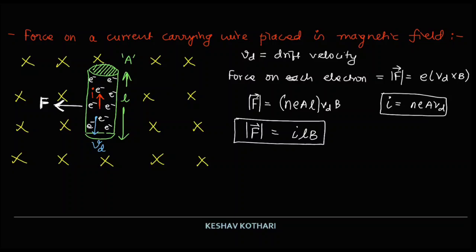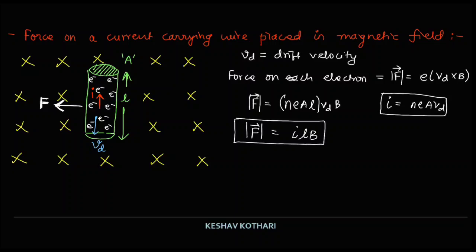I am repeating the concepts back again. A current carrying wire is placed in a magnetic field B, and if the current is in the upward direction, the electrons are drifting in the downward direction. The force on each electron is equal to E into Vd into B. Now we are calculating the total number of electrons present in this wire.